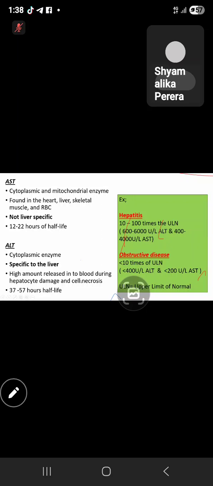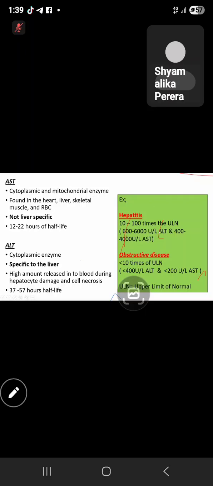If you look at the elevation of AST and ALT, there's a difference between hepatitis and obstructive disease. In hepatitis conditions, you can observe a 10 to 100 times increase over the upper limit of normal for AST and ALT. Actually, it's 600 to 6,000 units for ALT and 400 to 4,000 units for AST.